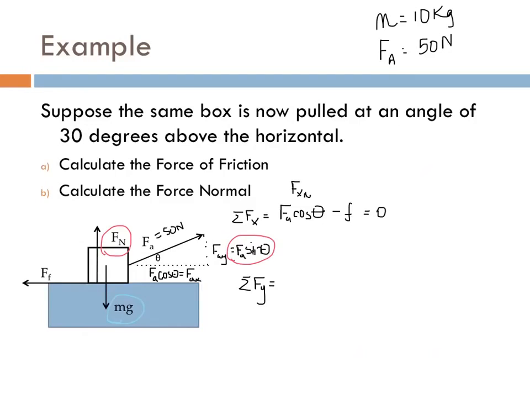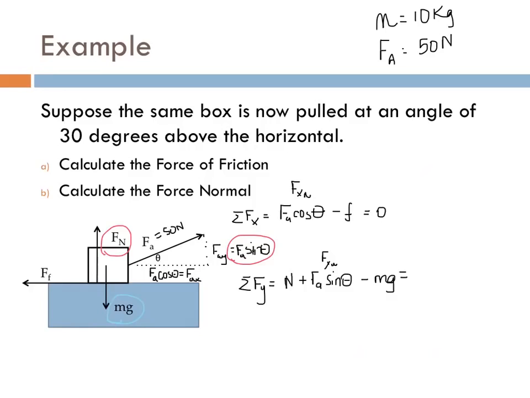So when I start writing this, I'm going to write normal force, N. So this is normal force, which is upward, so it's positive, plus my force applied sine theta, again my force applied in the y direction, minus my force of gravity.